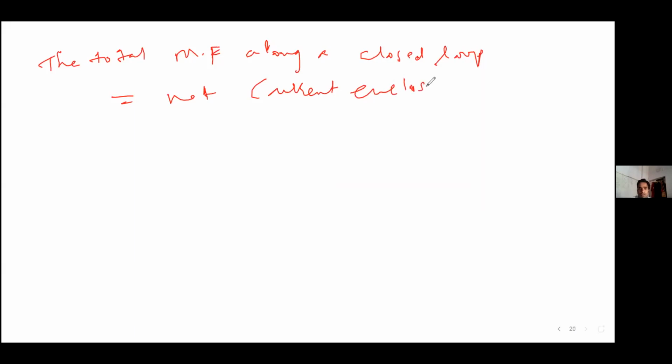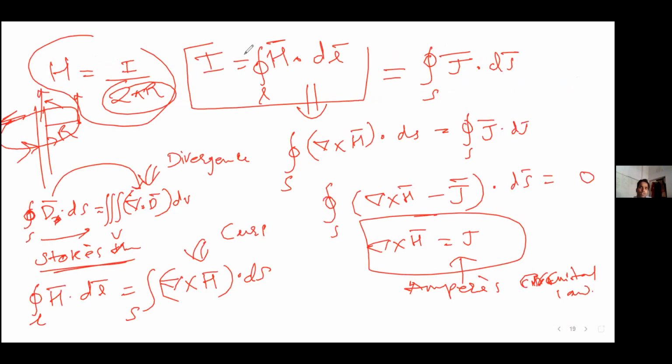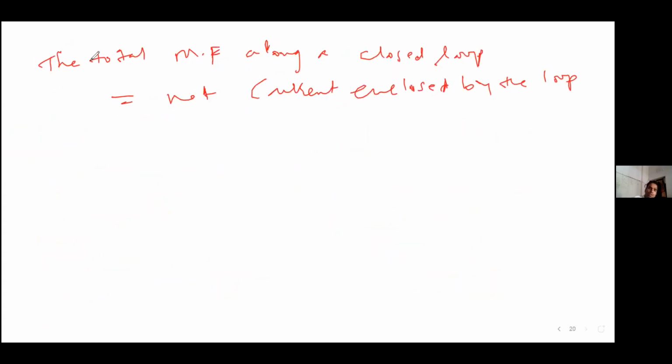So if you see, this is what it says: the magnetomotive force along a closed loop is equal to the net current enclosed by the loop. So this is Ampere's circuital law.